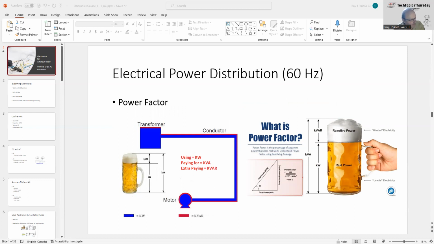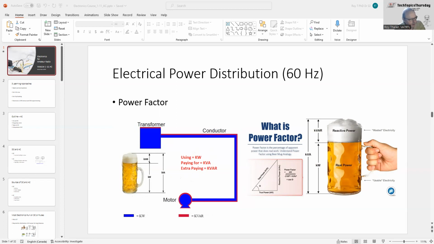We won't get into a lot of detail about this, but basically, when you're getting electricity from hydro, you're paying for the mug of beer. And when you go to drink the mug of beer, you have real power, which is the liquid, and you have the reactive power, which is the foam, which is basically wasted electricity. You get this difference because of the inductance of all the motors and transformers in the system.